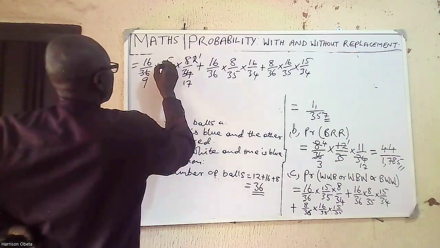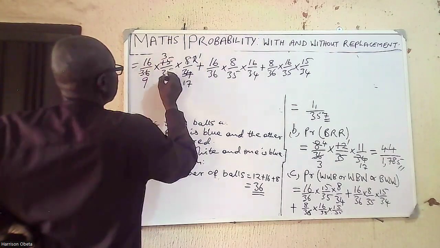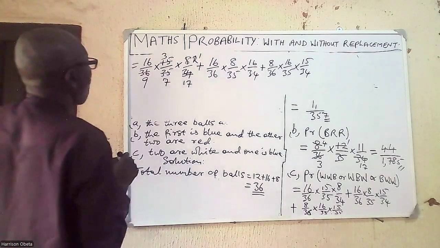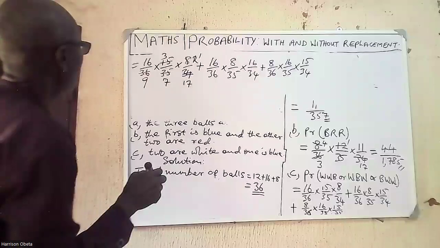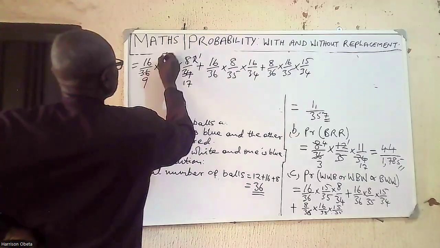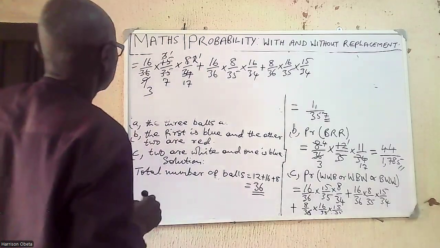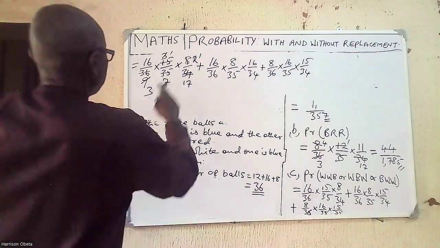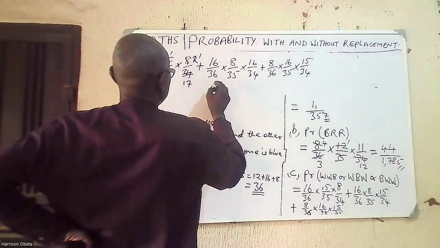And then 5 here, 3; 5 here, 7. 3 here, 1; 3 here, 3. So we are now going to have 3 times 7 times 17. The same thing happened in all of them.